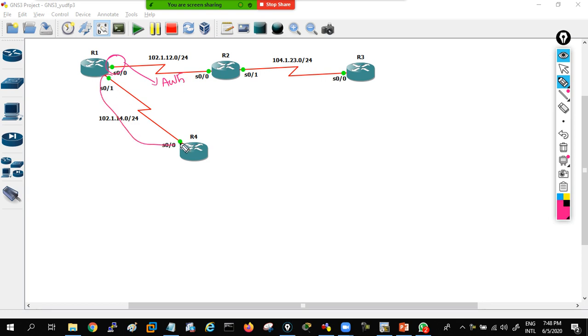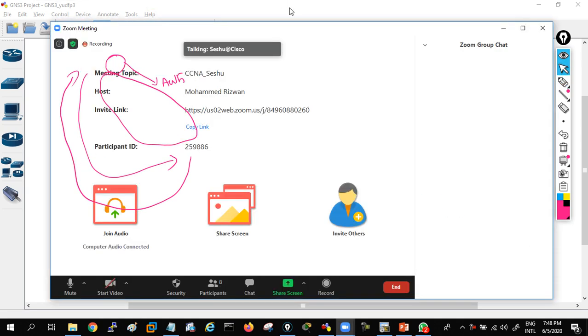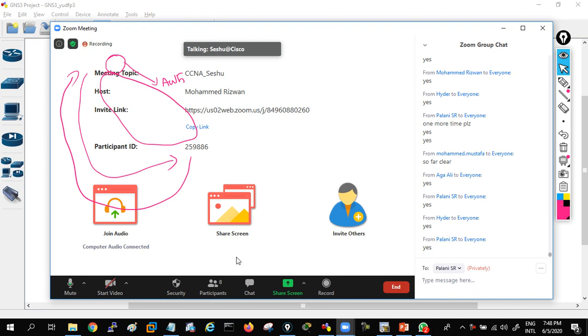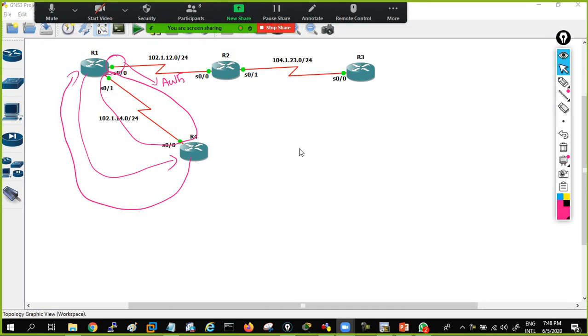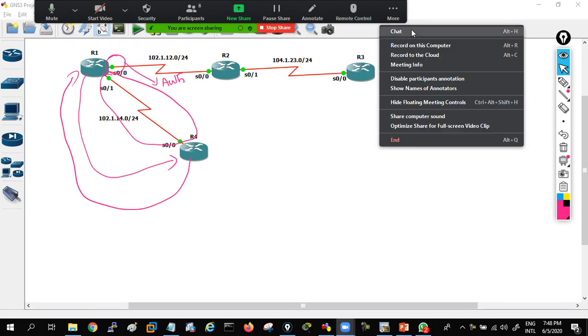Here there is no authentication. So router 1 will send its updates to router 4, and router 4 will send its updates to router 1, right, Palani? Say yes or no, everybody.